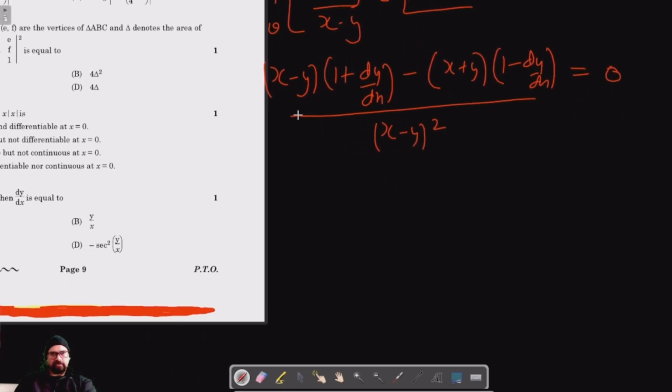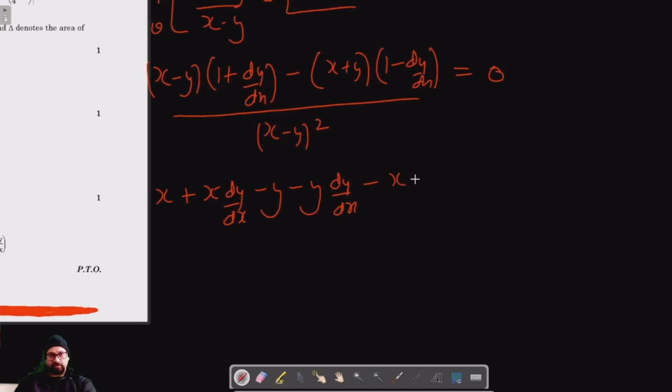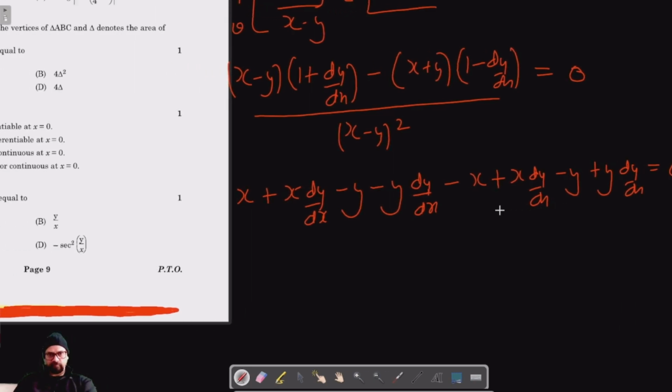Now let's open up these brackets. So it's x plus x into dy by dx minus y minus y into dy by dx, and this is negative x plus x into dy by dx negative y plus y into dy by dx, is equal to 0.